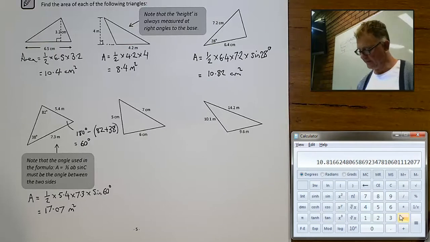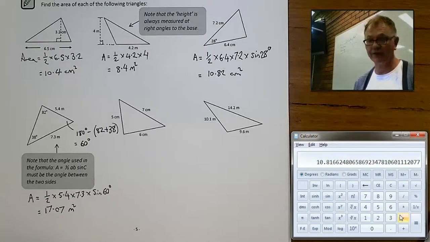The next questions here involve Heron's Formula. Now, Heron's Formula is a method for working out the area of a triangle if you know three sides of the triangle. So, the first thing that you have to calculate when you're using Heron's Formula is what we call the semi-perimeter of the triangle, half the perimeter.